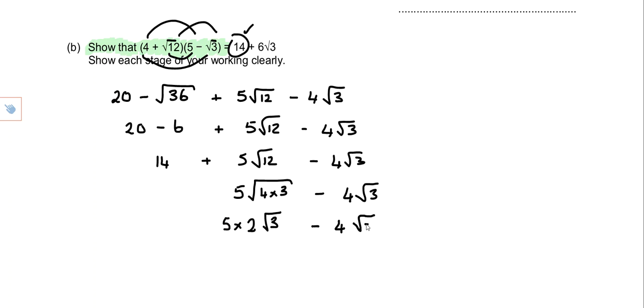This becomes 10 root 3's minus 4 root 3's. And 10 root 3's minus 4 root 3's is 6 root 3. 10 of them, subtract 4 of them. So then my 14, just bring it back down, so I've got 14 plus 6 root 3, which is exactly what they wanted me to have.